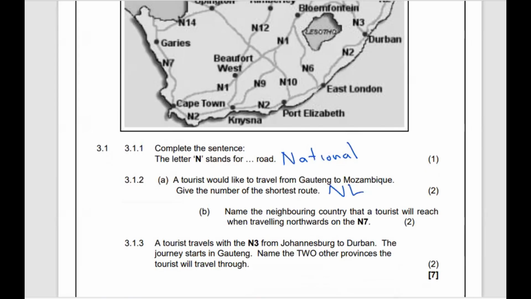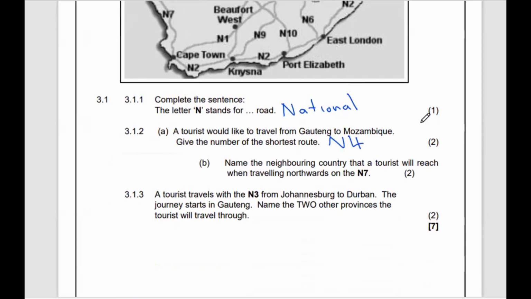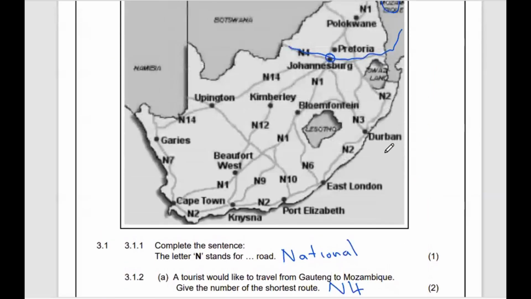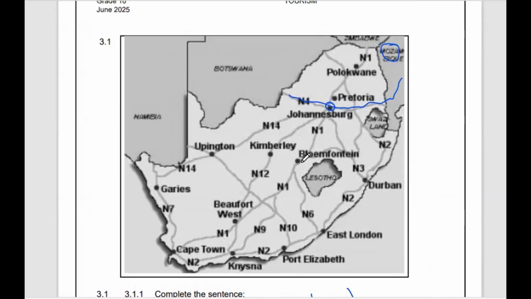N4. Next: name the neighboring country that a tourist will reach when traveling on the N7. So let's try to identify where the N7 is. If we look carefully on the map, we find it in the Western Cape, just after Cape Town. Let's trace it to see where it takes us.